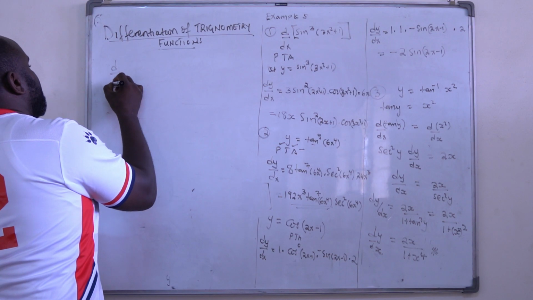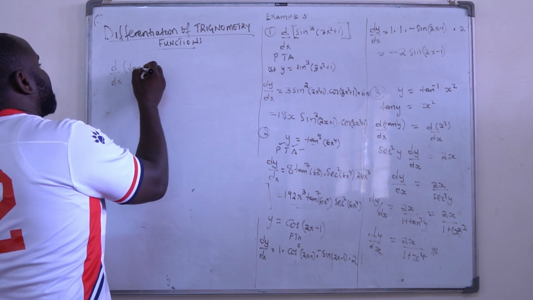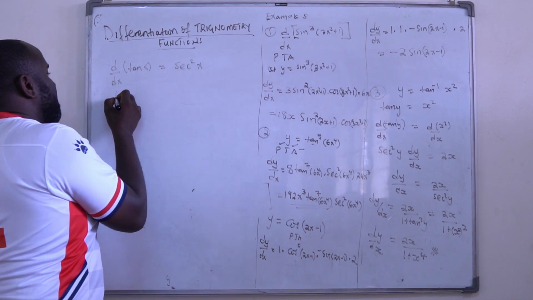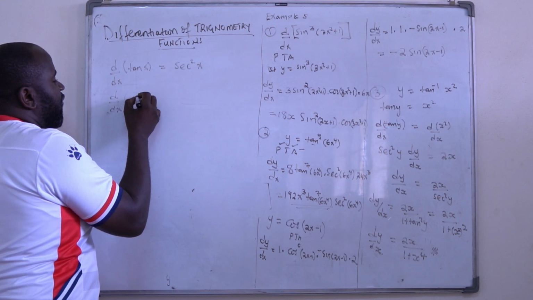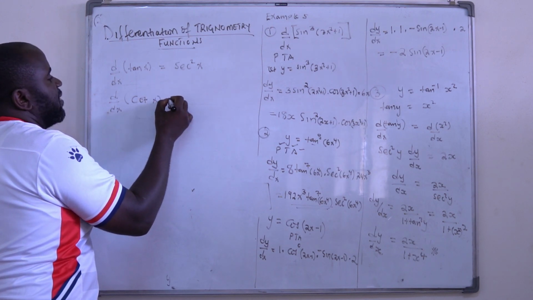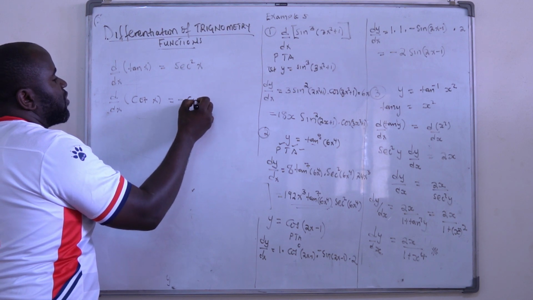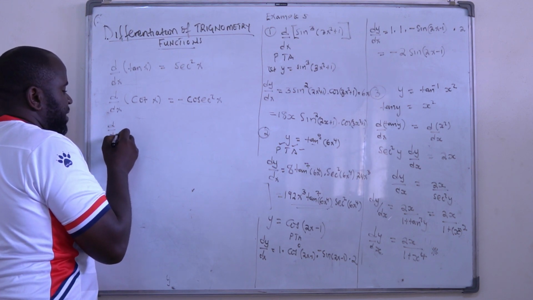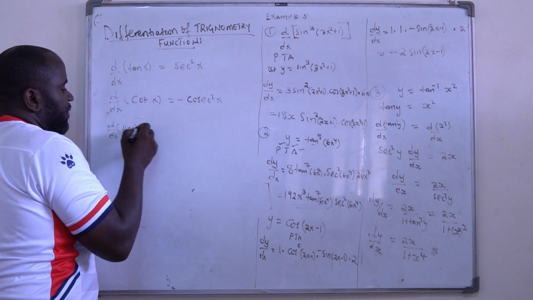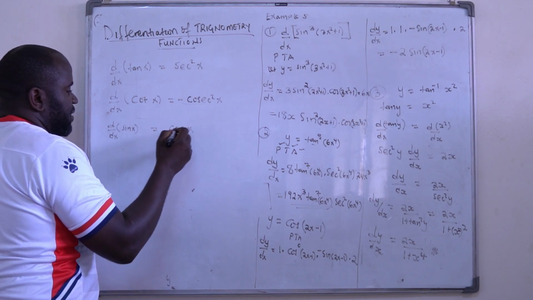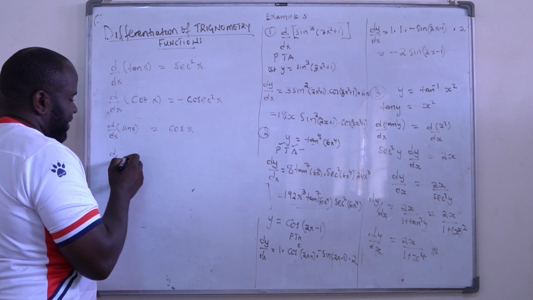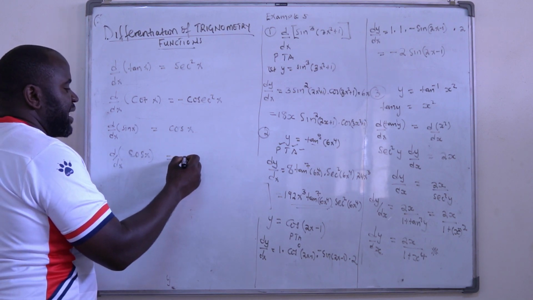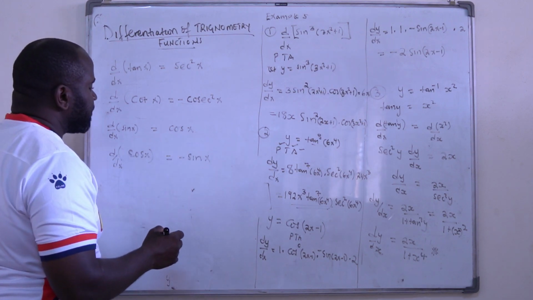For example, the derivative with respect to x of tan of x is always sec squared of x. Then the derivative with respect to x of cot of x is a negative cosec squared of x. The derivative with respect to x of sine of x is cos of x. Then the derivative with respect to x of cos of x is always a negative sine of x.